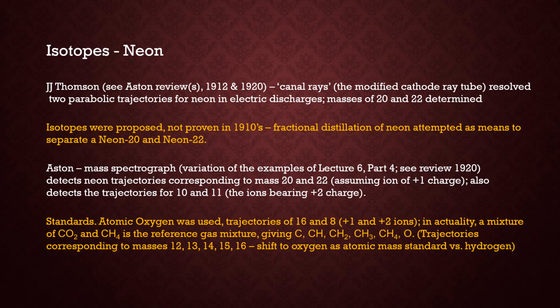So the mixture of carbon dioxide and methane gives you carbon and all the variations of carbon and hydrogen and oxygen. So you get masses 12, 13, 14, 15, 16. And this is how oxygen becomes the atomic mass standard as opposed to hydrogen, which was used in the gasometry experiments.